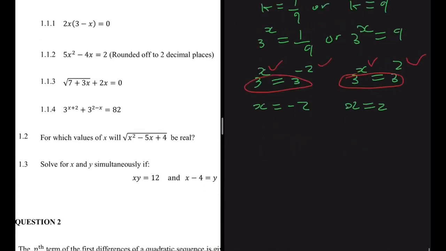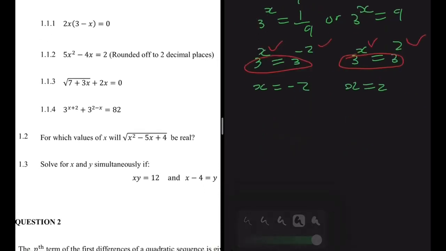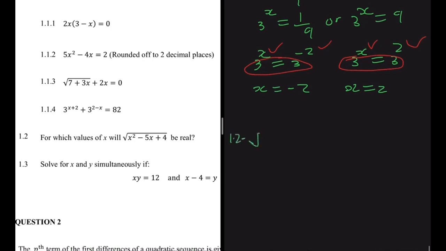Let's do 1.2. So for which values of x will the square root of x squared minus 5x plus 4 be real, right? So let me just write that down. If it's indeed real, then that should be greater or equal to 0.